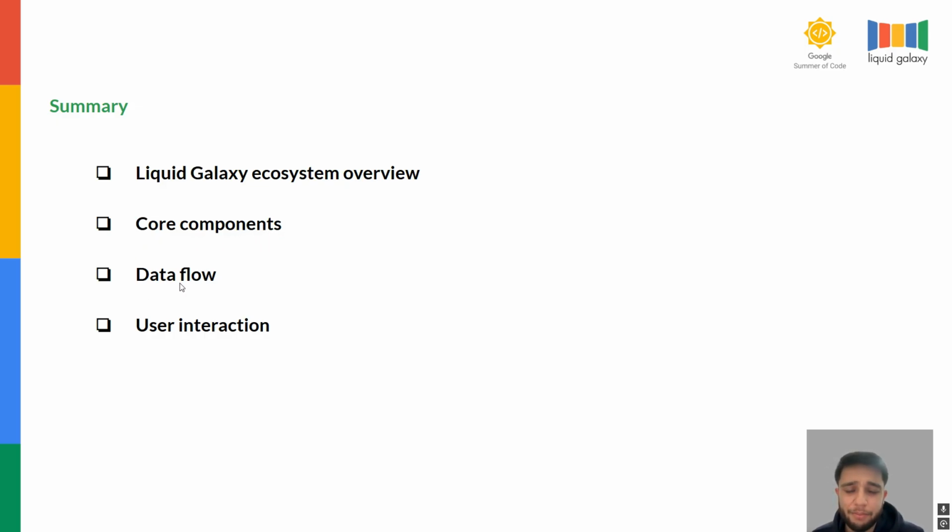After that, we explained the data flow. We saw how user input travels from the controller to the master node and then to the slave nodes, where the visuals are rendered across multiple screens simultaneously. And finally, we talked about user interaction. We explored different ways a user can interact with the system.